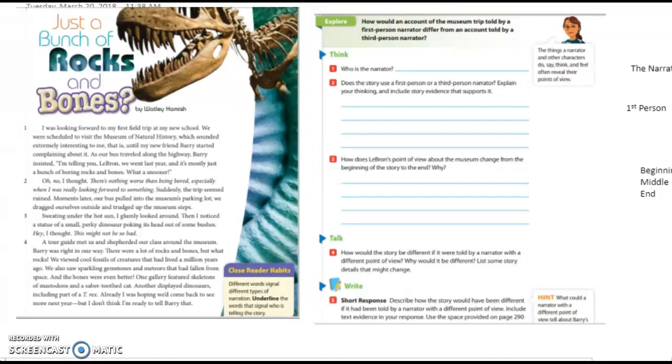Go ahead now with your group and make sure that you have identified some of the text features you see in this passage. Go.